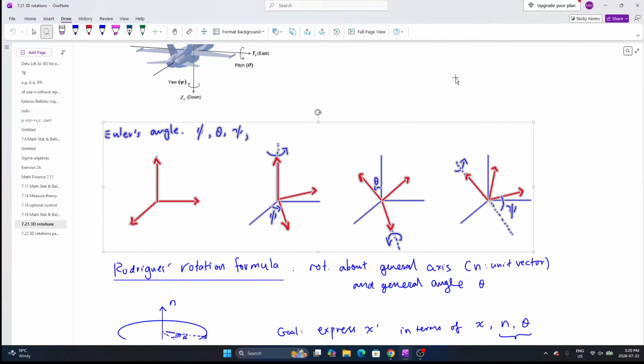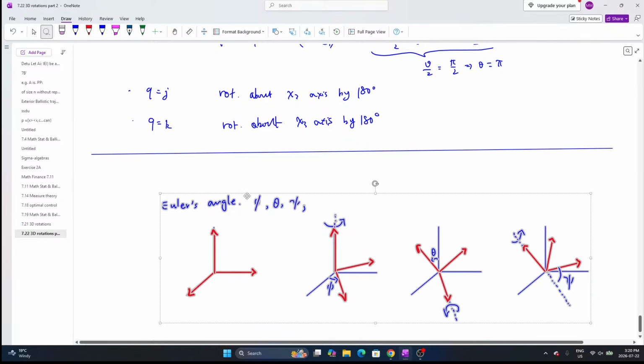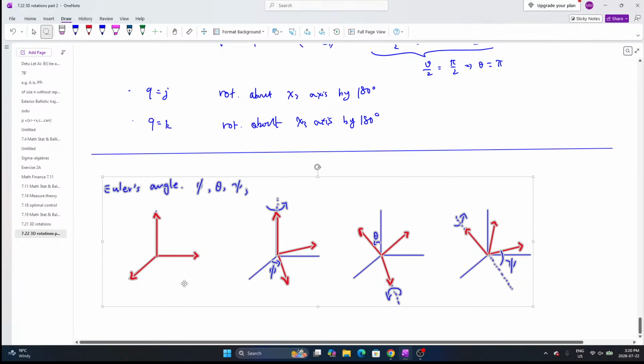But given what we learned, this should be a relatively straightforward task. The algebra might look ugly, but we should be able to nail this. So given the three Euler's angles, can we find the overall rotation matrix? That's our goal here.